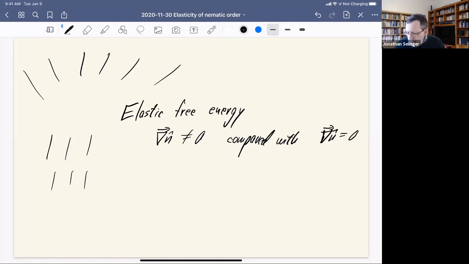So in the time just before the break, I showed you the simplest version of the elastic free energy.